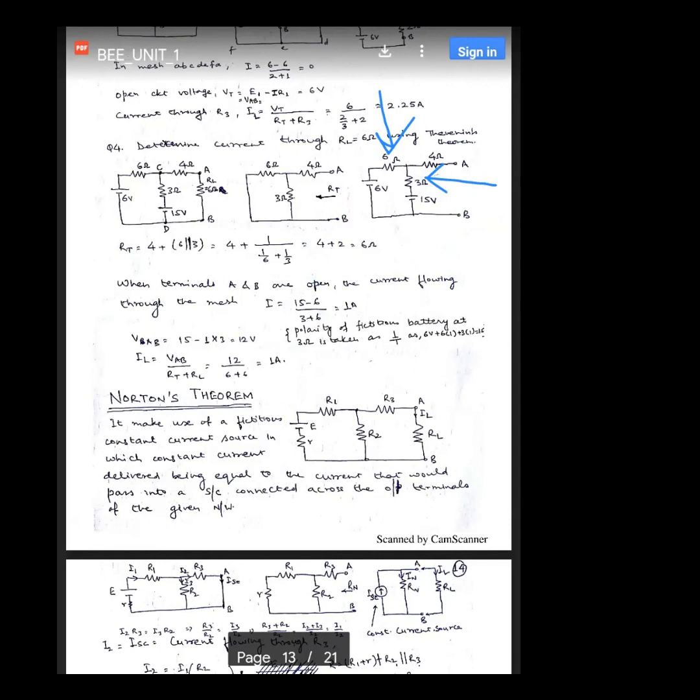Now we have to calculate the open circuit voltage or the Thevenin voltage between the A and B terminals. The voltage across this will be same as the voltage across this because of the parallel nature of the circuit.